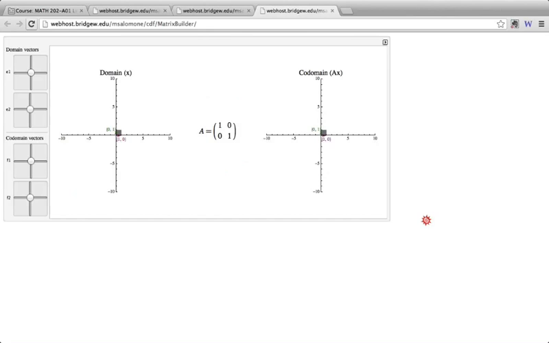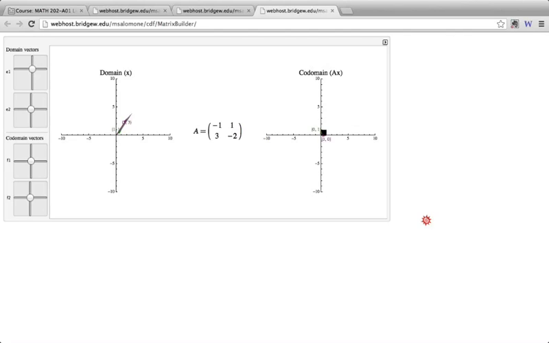And now what I'd like to do is take those vectors that we started with, which were 2, 3, and 1, 1, and make them my domain vectors instead. So 2, 3, I'm looking in the domain here. And then 1, 1. Nudge this one out a little bit here. 1, 1. There we go.